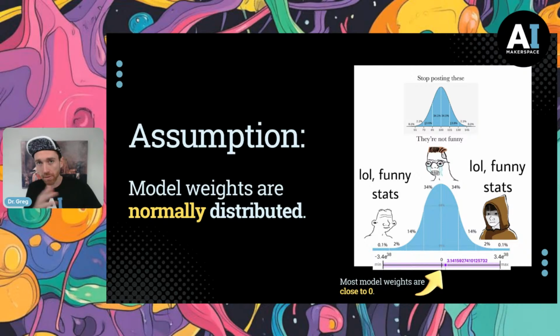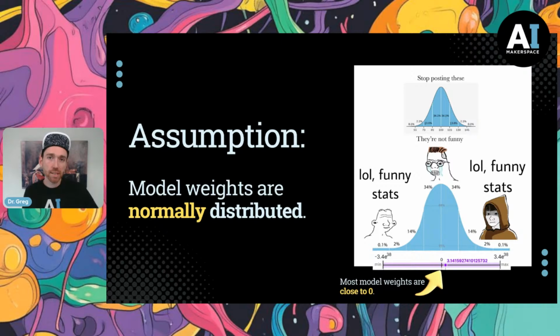Okay, so we're aligned with what we're seeing. The assumption seems to align with the empirical evidence of large language models. So, normal distribution, most model weights are 0. We want to figure out the precision that allows us to capture the relevant information around 0, but also around other numbers as well, right?